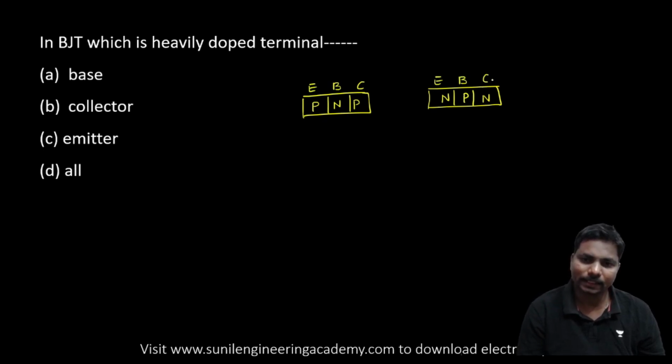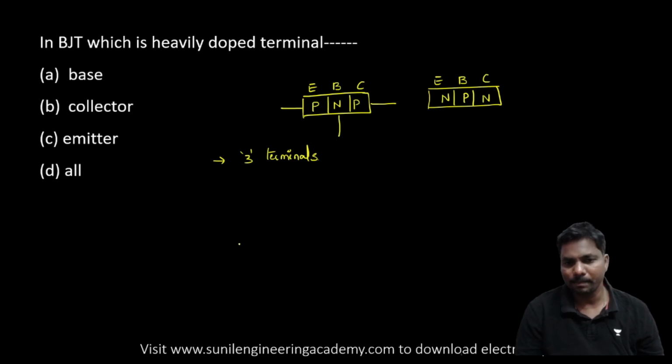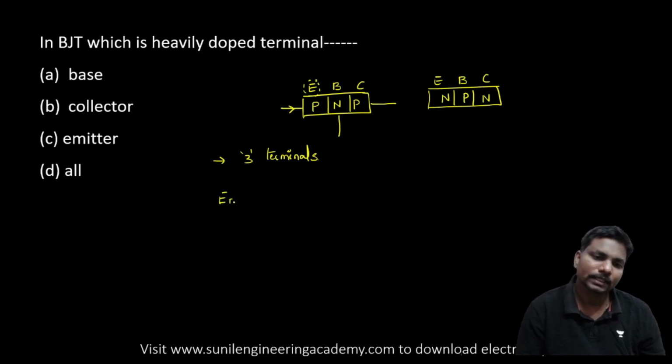That means it has three terminals: one is the emitter, one is the base, one is the collector. From the emitter we are ejecting the electrons, so emitter has to be heavily doped. Emitter is a heavily doped terminal.